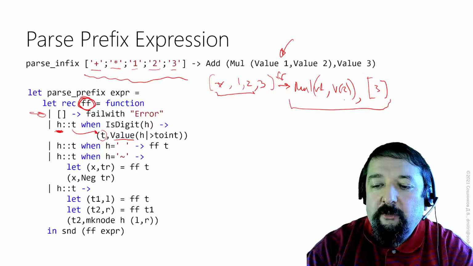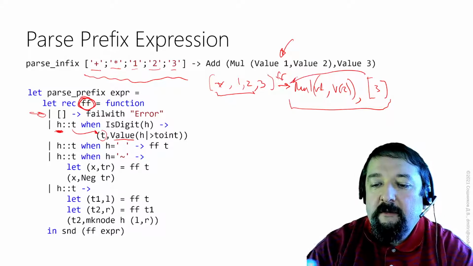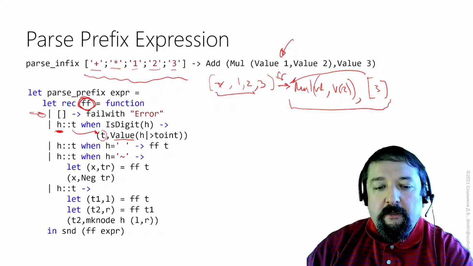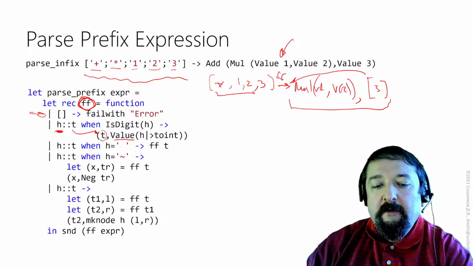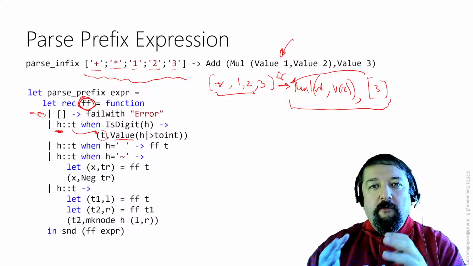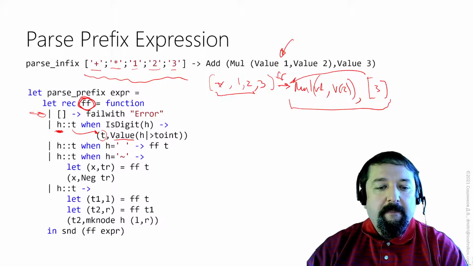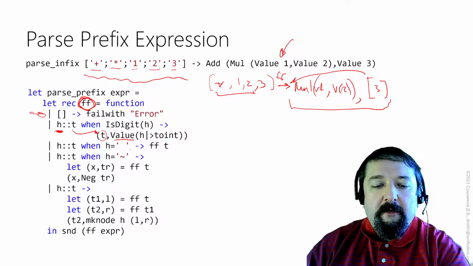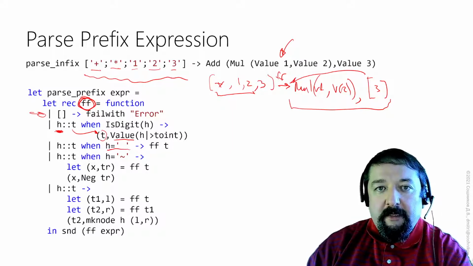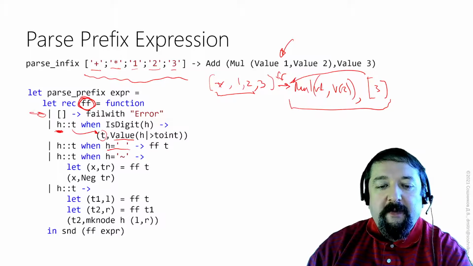We have a different order. So here 3 goes first. So it will return the remaining portion and the tree. And the tree for the digit would be value of h. So if the element is a space, we can just skip it. That is a simple way to skip white space.